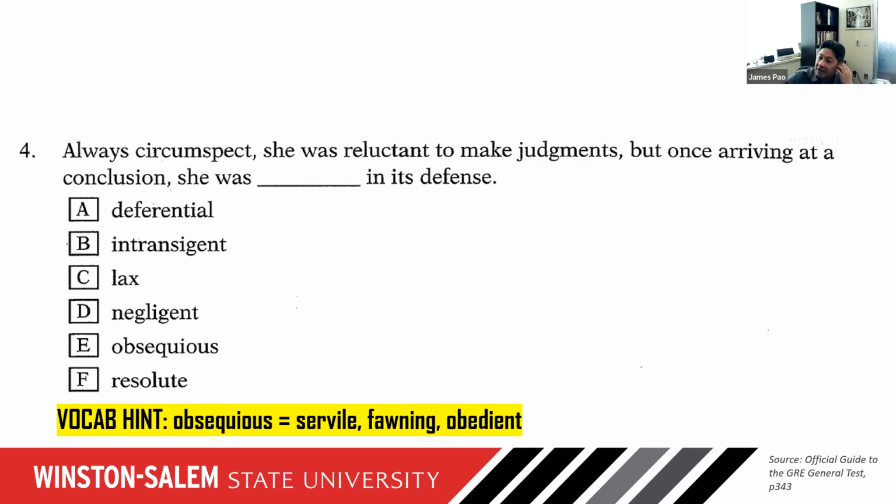How did you come to that decision? Because intransigent is like you're not gonna change your mind. You're kind of stuck. Yes, beautiful. In means not, and trans means to cross over or to change, right?